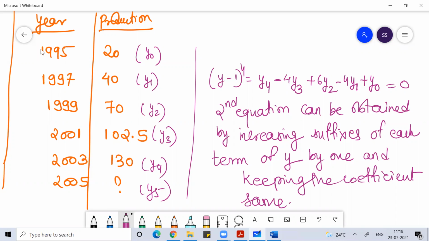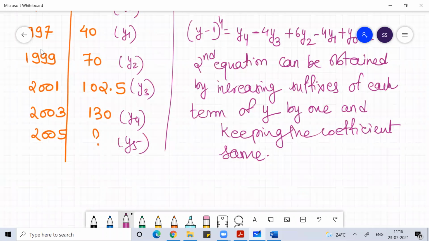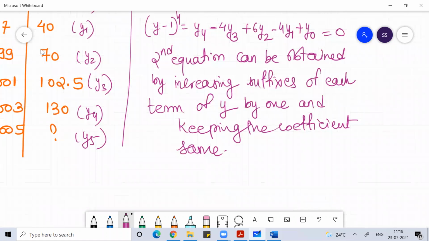So how can we estimate the second equation? By increasing the suffix of each term of y, and then keeping the coefficient the same. Sir, you say, I'm not understanding what you're telling.